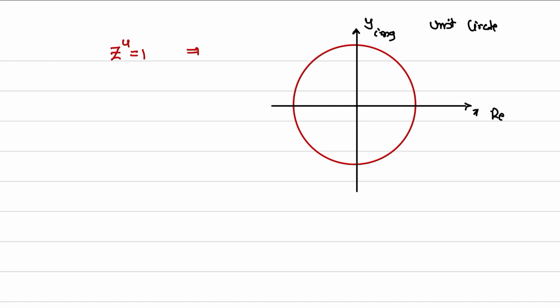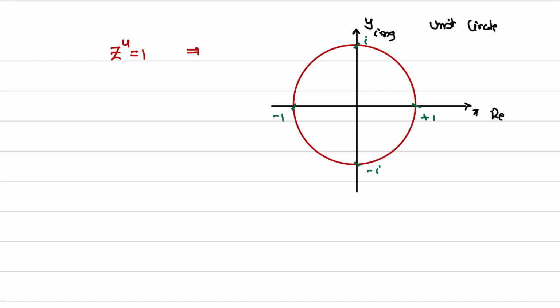And how do you show z is equal to i? Z is equal to plus i is here. Z is equal to minus i is here. Z is equal to plus 1 is here. Z is equal to minus 1 is here. All these four are total roots.